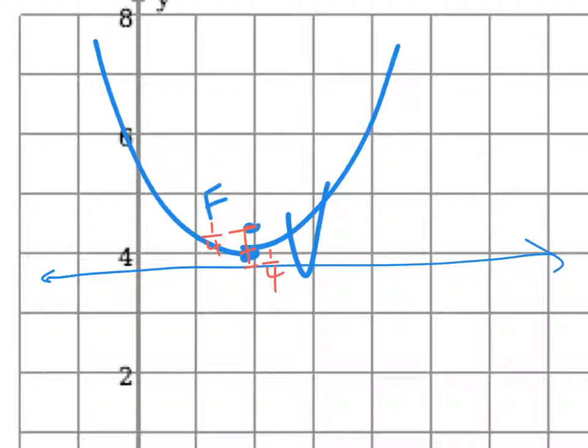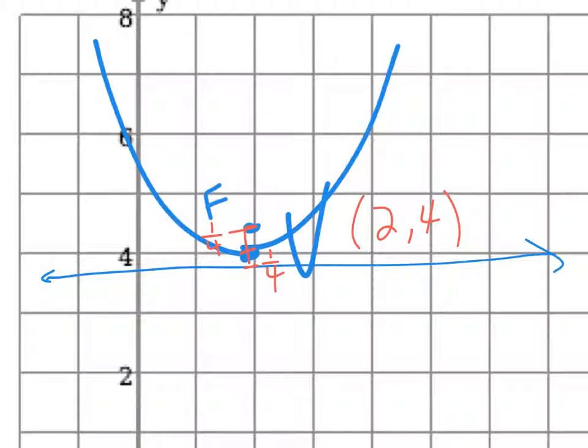To get to the vertex, we went right 2, up 4. To get to the focus, I know I need to go up, right? So if I'm going to go up, am I going to move X or am I going to move Y? Y. So this point here, the vertex, is 2, 4.